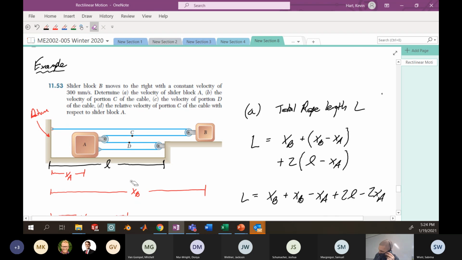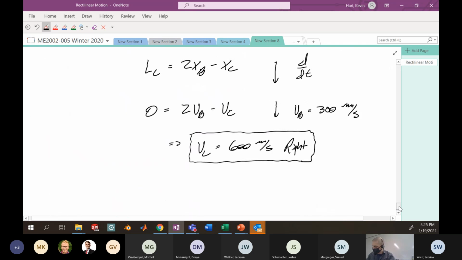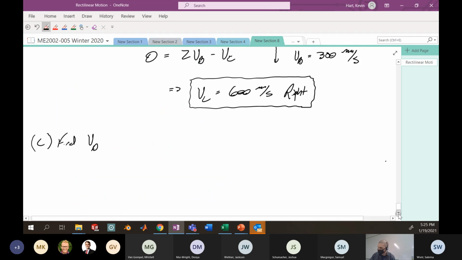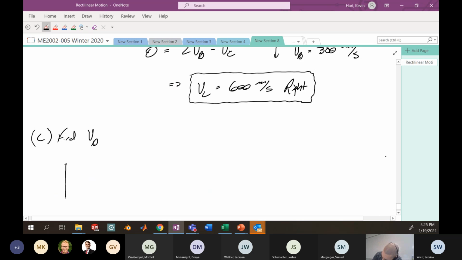I want to go with a little different strategy here, just for funsies, I guess. And we'll take this portion of the rope as a fixed length, just because we can. So maybe I'll redraw the picture down here for a little bit of clarity.